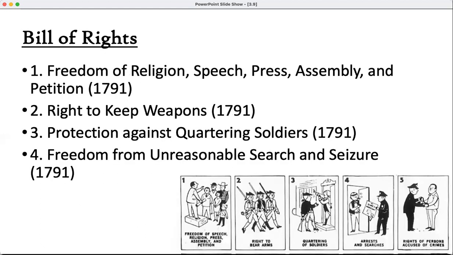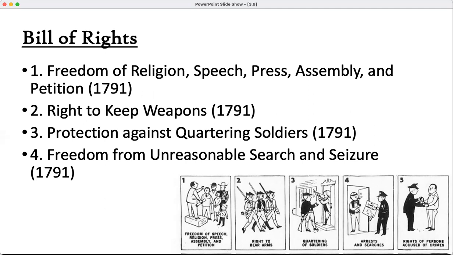So the first one, Amendment 1. You have the First Amendment: freedom of religion, freedom of speech, freedom of the press, of assembly, and petition, meaning that you are free to criticize the government all you want.